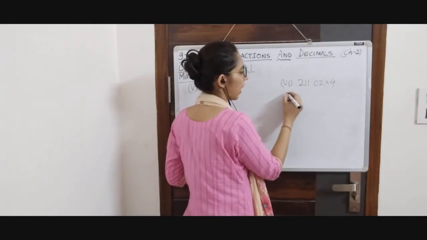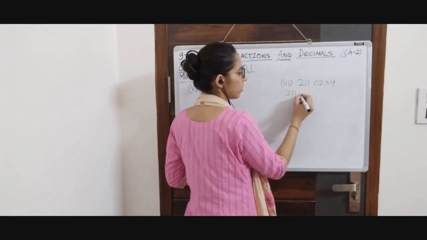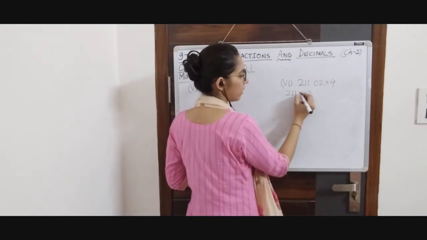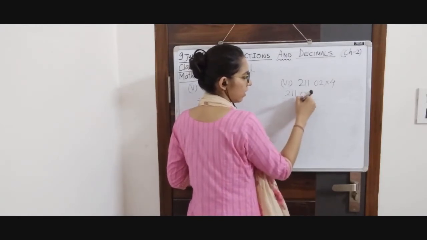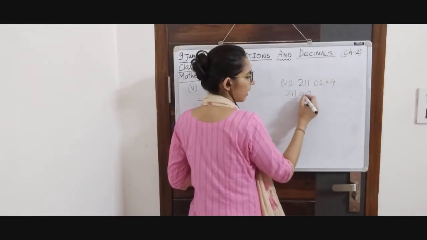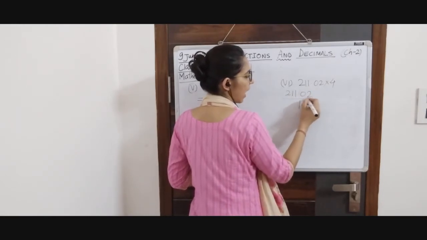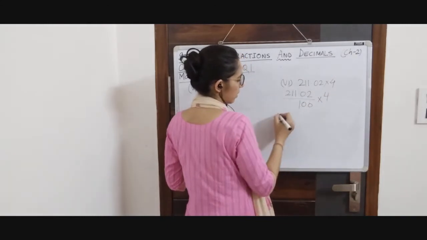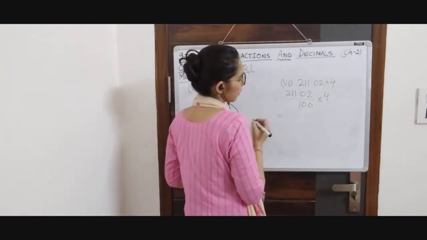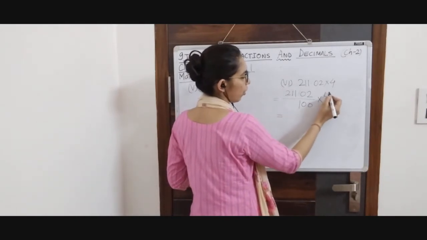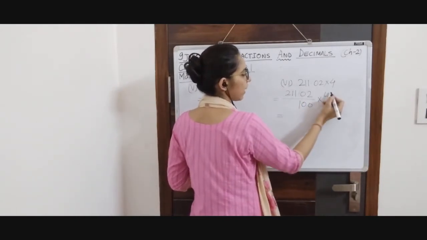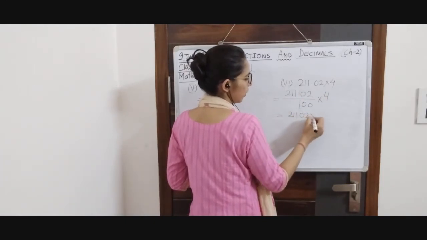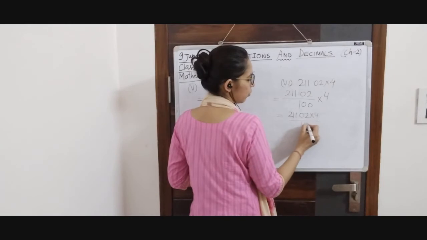Again in the 6th part we will convert this decimal into a fraction. We will remove the decimal, write 1 below that, and then add as many zeros as there are numbers after the decimal, into 4. Now the rule for multiplication of a whole number with a fraction: we multiply the whole number with the numerator, 21102 into 4, divided by the denominator.